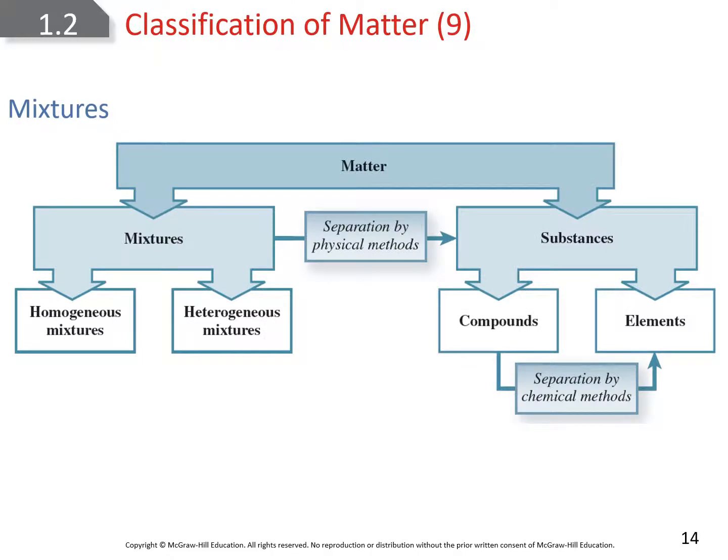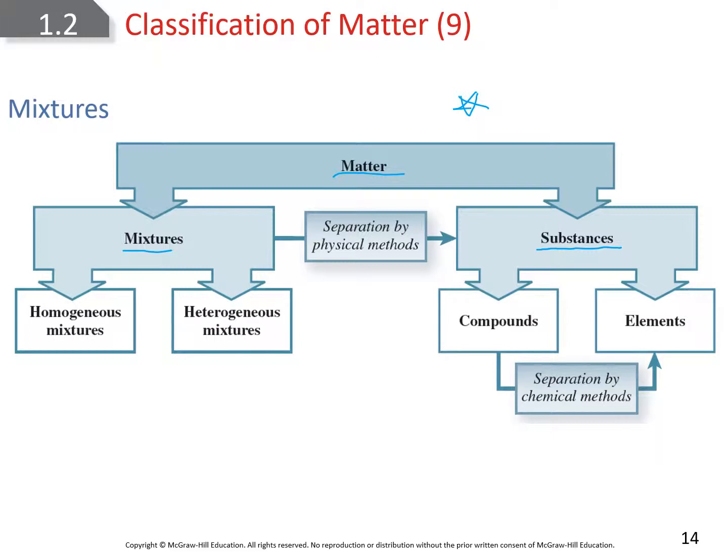So when we classify this, even if you don't print the slides out, go ahead and print this slide here just to have it as a handy reference for you. So you have matter, and depending on what kind of matter you have, you're either going to have mixtures or substances.